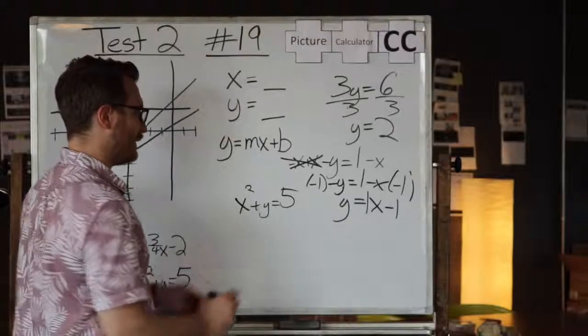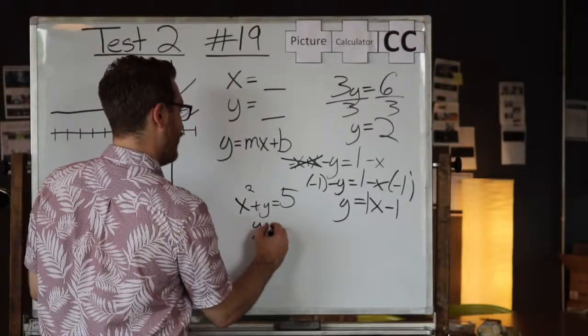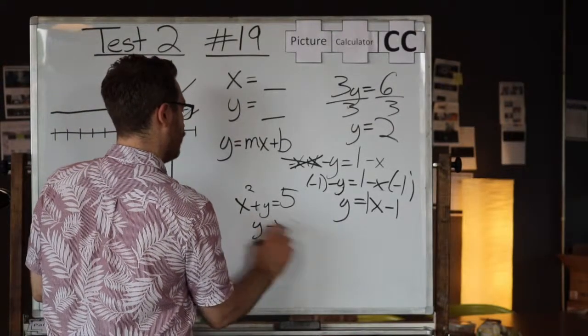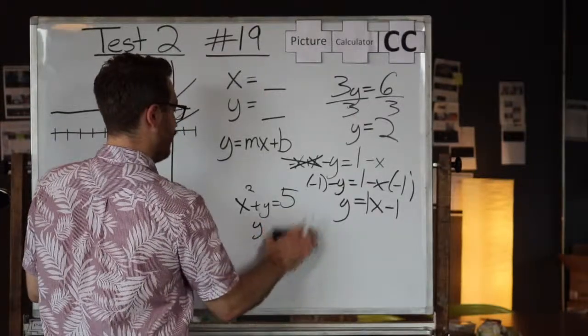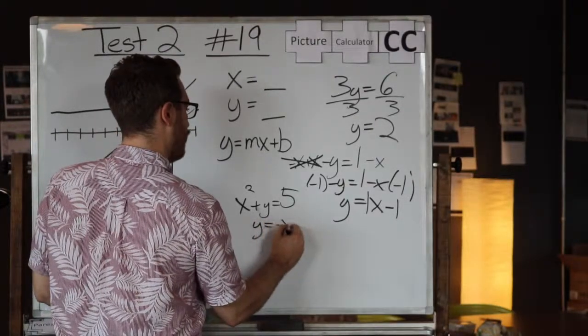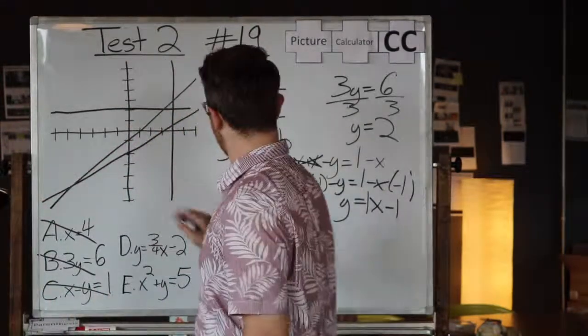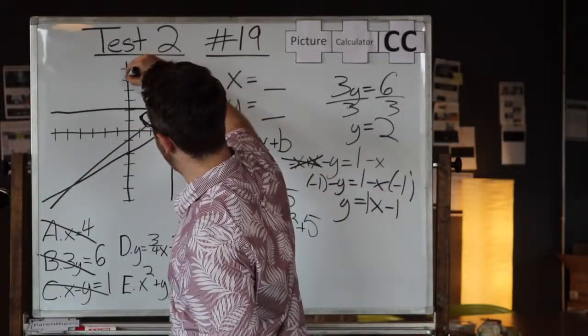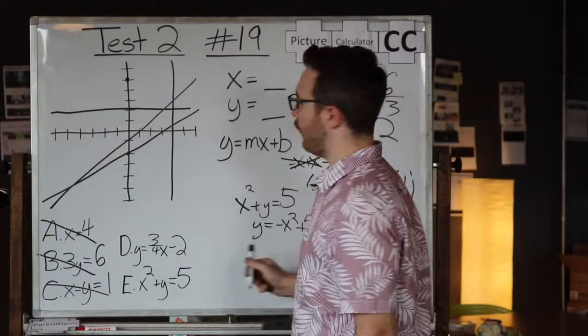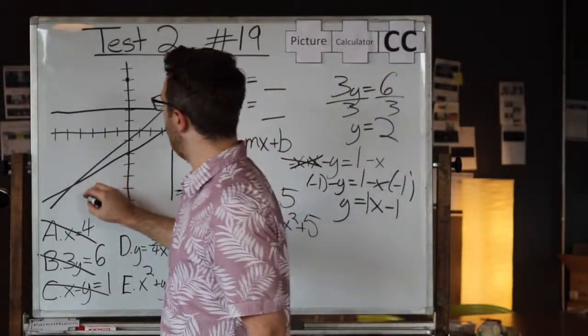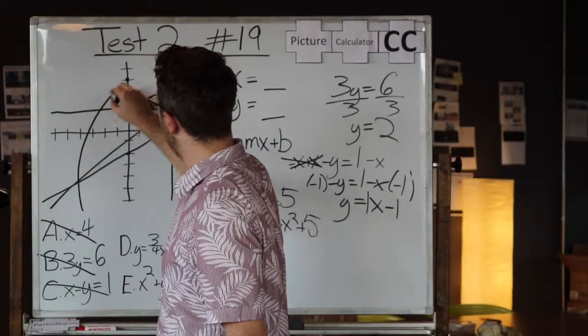I'm going to subtract x squared from both sides, so it's going to be y equals negative x squared plus 5. So I know my intercept is way up here at 5, but it's a negative parabola. And parabolas are not single lines. They have this cool shape.